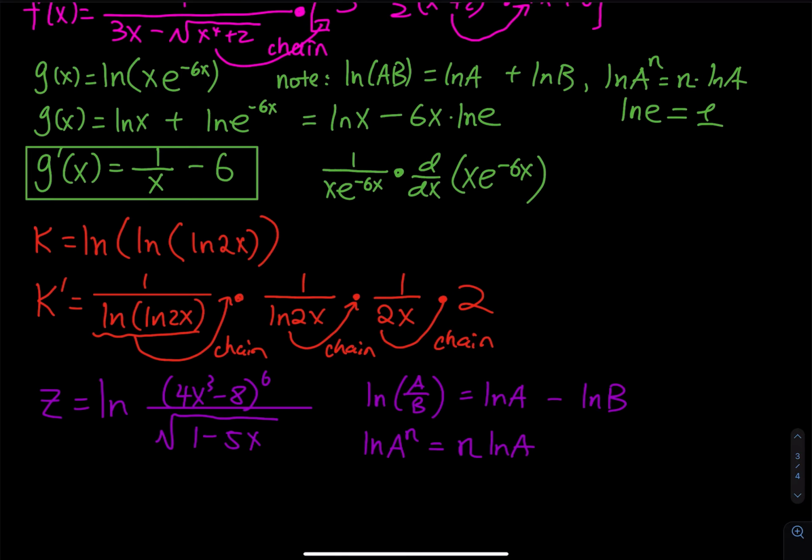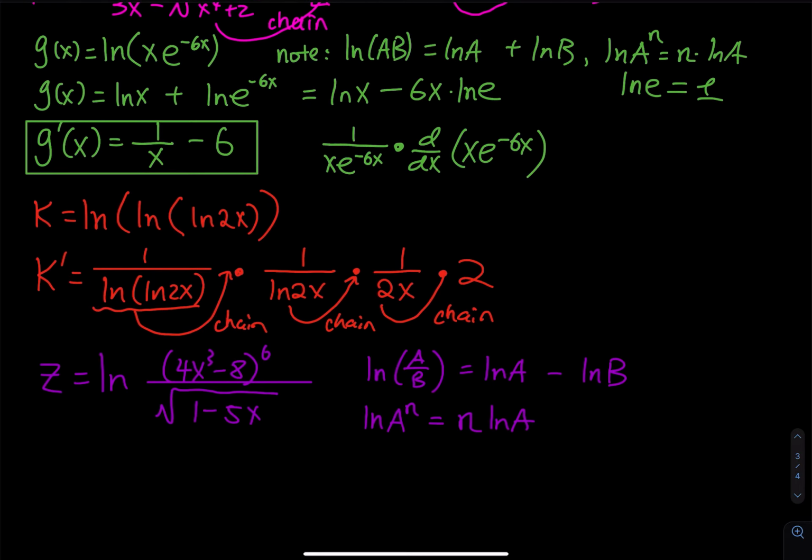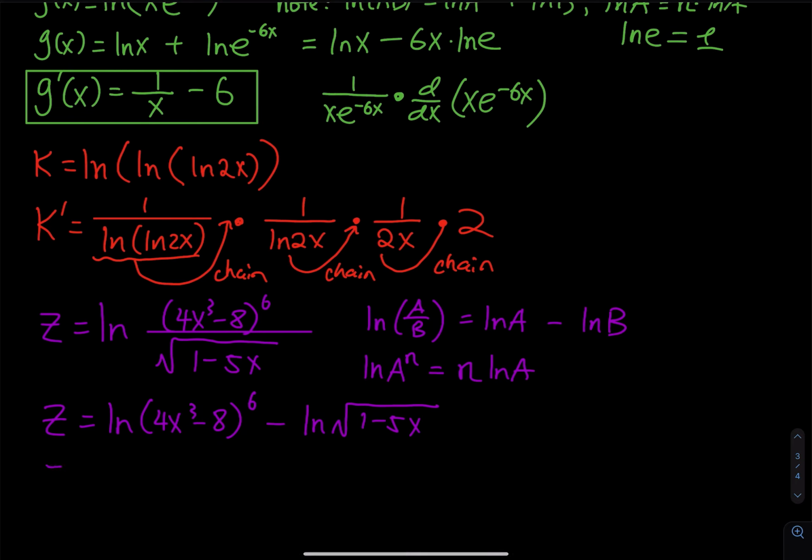So here we have numerator divided by denominator, so we split this up into 2 ln first. So ln of (4x to the third minus 8) raised to the 6, and then minus ln of the square root of 1 minus 5x. And then we bring the 6th power down: 6 ln of (4x to the third minus 8). And then bring the 1/2 down: ln of (1 minus 5x).